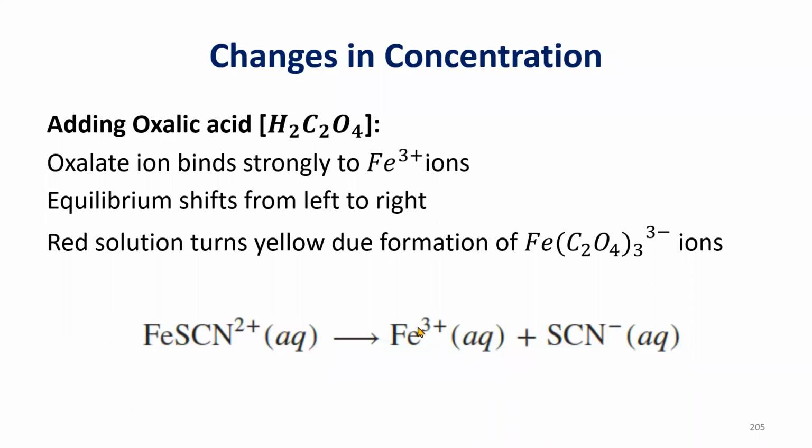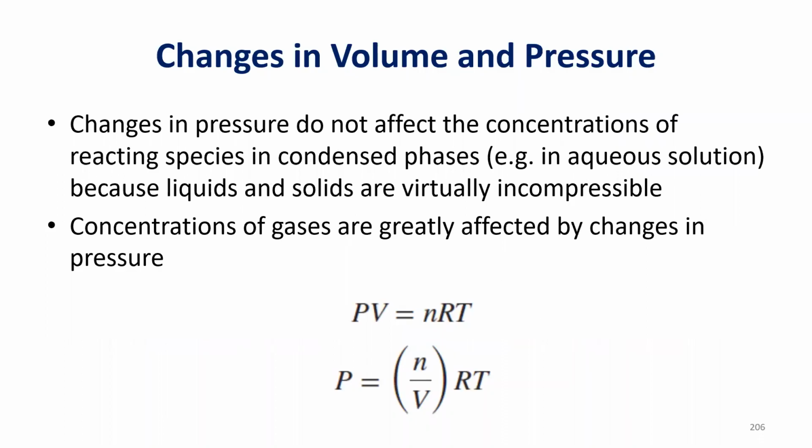Okay, so that is how concentration changes of the species affects the equilibrium that exists in a given system. We can also have changes in volume and the pressure. Changes in pressure do not affect the concentrations of reacting species in condensed phases.